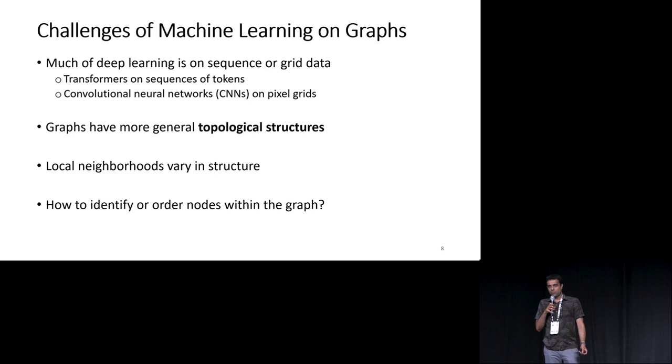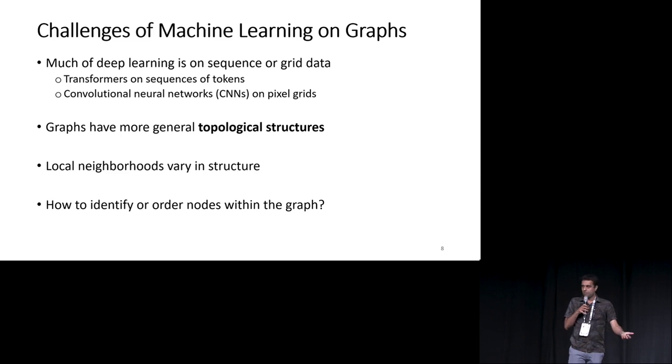Okay, and really one of the success stories of the last decade has been deep learning, right? But if we look at it, a lot of deep learning has been mainly on sequence data or grid data. If you look at convolutional neural nets, which were the rage back in the day and still used to some extent, they operate on grid graphs, or grids of pixels.